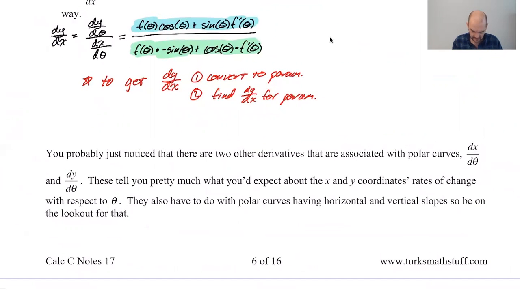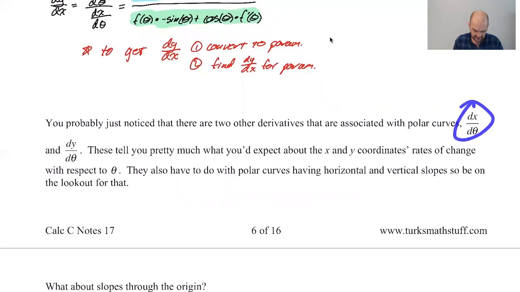There's some little info here. dx d theta and dy d theta are literally telling you what's happening with x and y, the same way dx dt and dy dt were telling you what's happening for strictly parametrics, regardless of whether they're polar or not. So there are horizontal tangent lines and vertical tangent lines. Horizontal tangent lines mean that dy d theta is 0 while dx d theta is not 0.